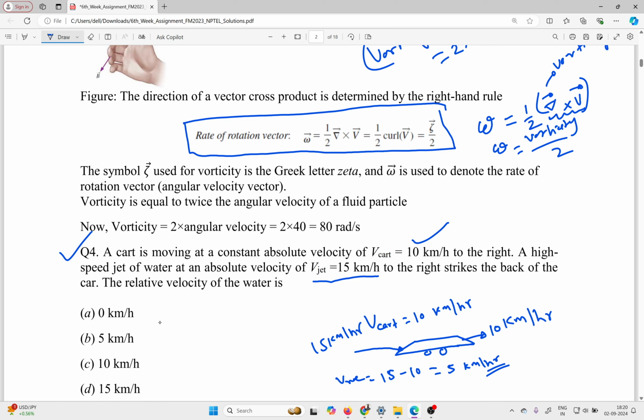But if I tell you to calculate the force applied by the water on the car, what is your answer?